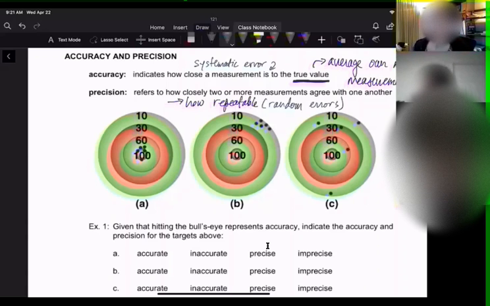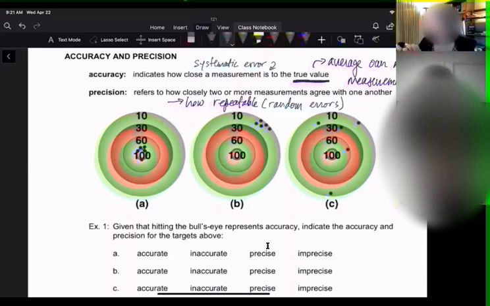So let's look at these bullseyes. We're throwing darts at a target. Now, if you're really good, you can get like figure A where you get it right on the bullseye and they're all close together. I don't know, that's impossible, I can't do it. Or in part B, maybe the same dart thrower is very skilled and they're throwing the darts, but now there's a fan and the wind is blowing those darts up and over.